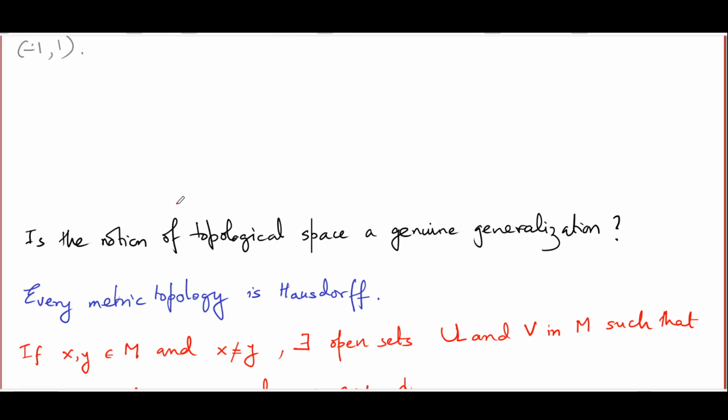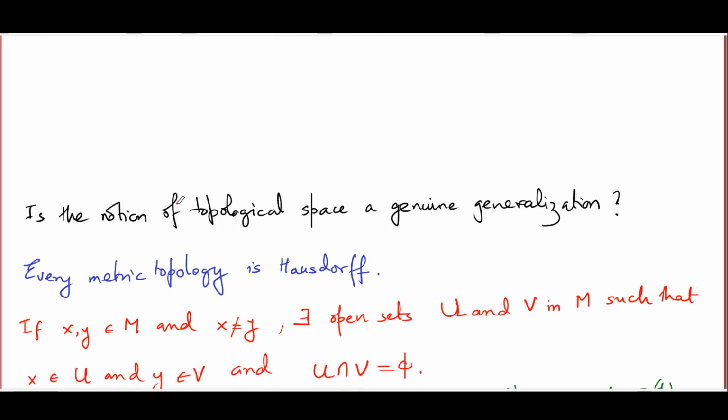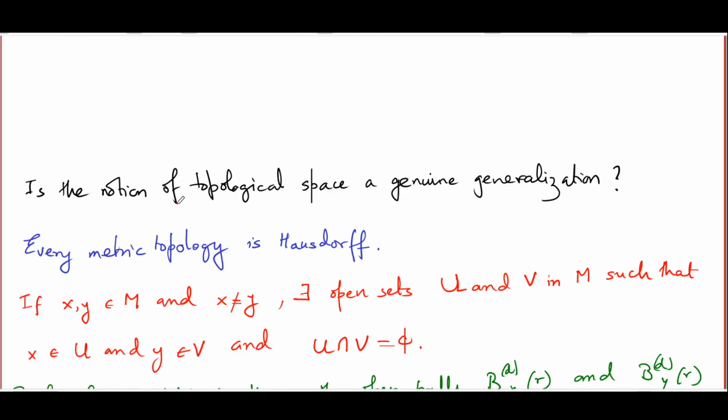What does this say? It actually says that if x and y are points in M and they are distinct points, then there must exist open sets U and V in M, such that x belongs to U and y belongs to V. So you have open sets which house x and y separately, respectively, and these open sets are themselves disjoint.